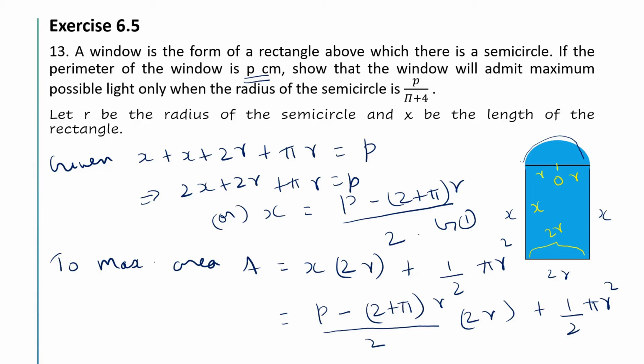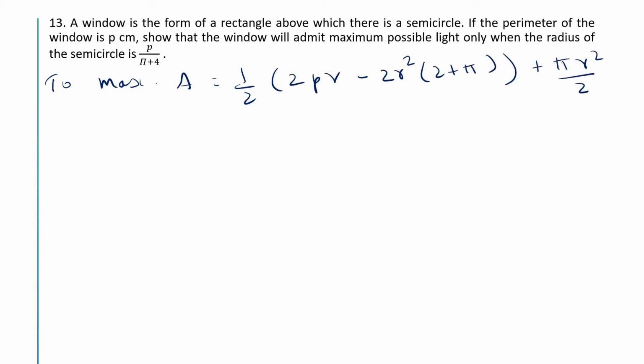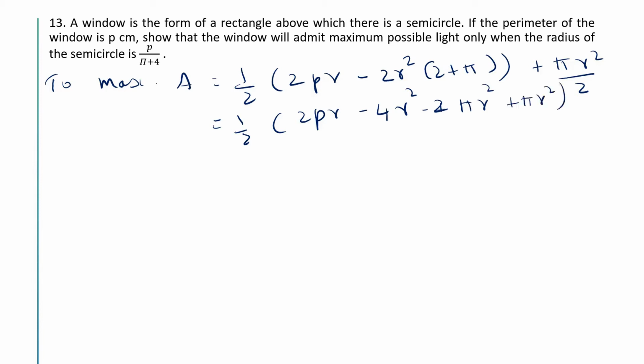So let me simplify here. So we have to maximize area A equal to, so when we take half, it is equal to half into 2pr minus 4r square minus 2 pi r square plus pi r square, or this is equal to half into 2pr minus, here minus 2 pi r square plus pi r square is minus pi r square.